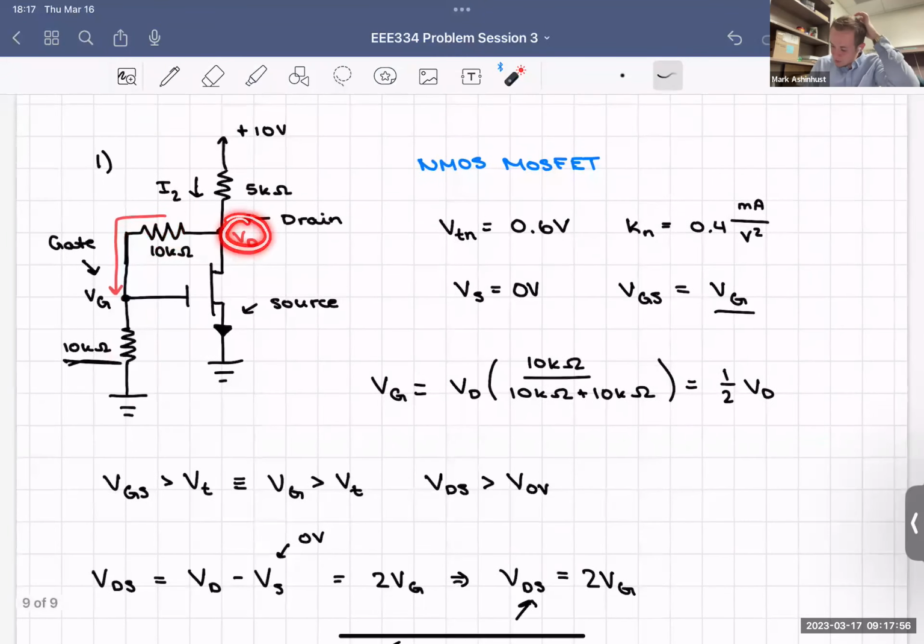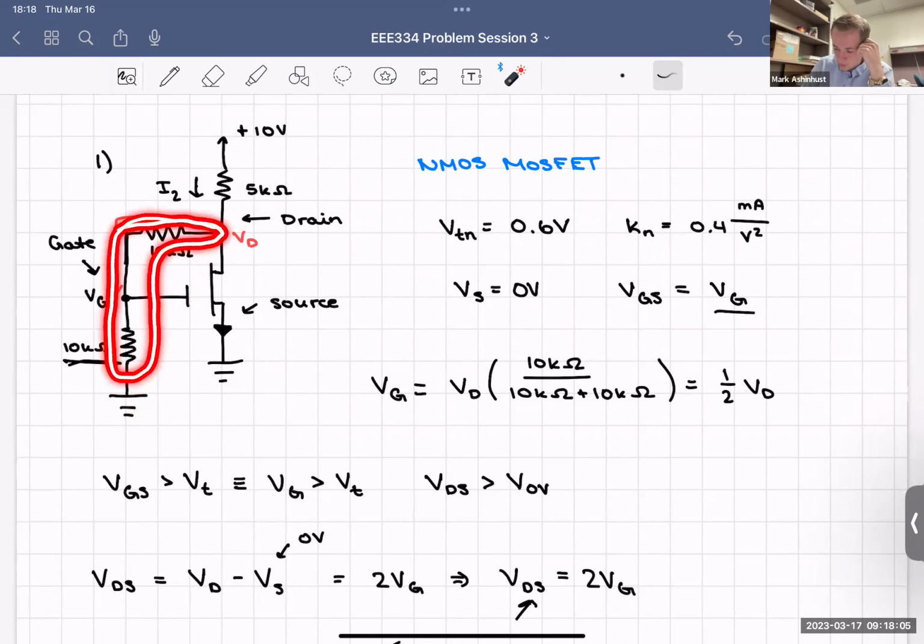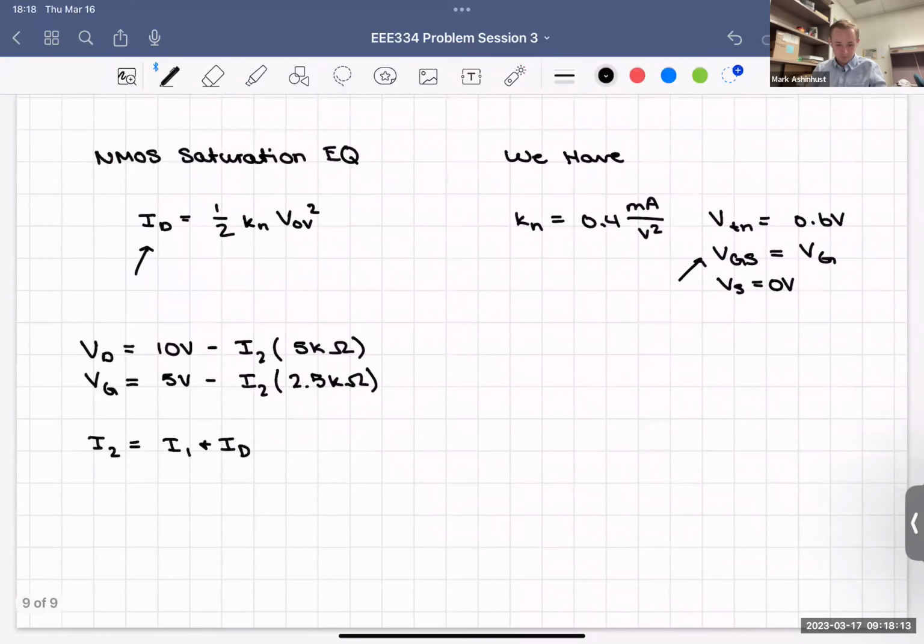So we have VD minus 0 volts over the sum of the resistances, VD minus 0 volts over 20 kilo ohms, and that's going to equal I1. So I2 is VD minus 0 volts over 20K plus ID.